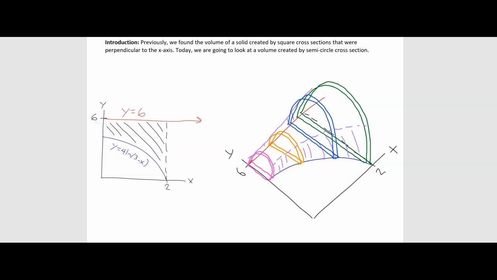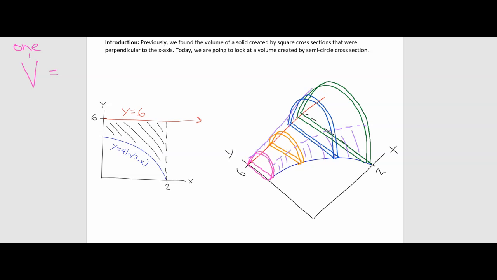So to do that, we need to know what the volume of a semicircular slice would be. Again, this would be the volume of one of the slices. Well, that's going to be the area of the circle times the distance between the bases.